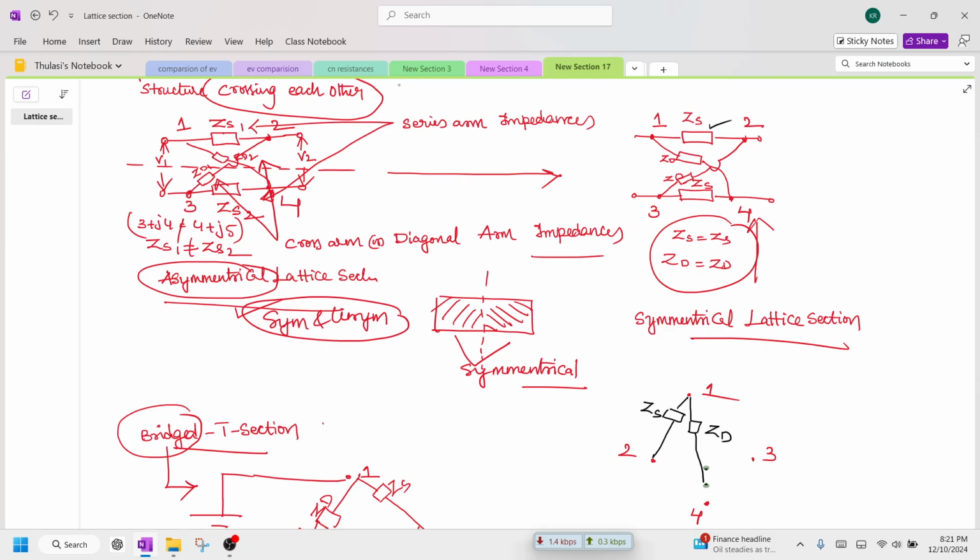Next, 2 and 1 is already done. Between 2 and 3 we have ZD. Then 3 and 4 we have ZS.